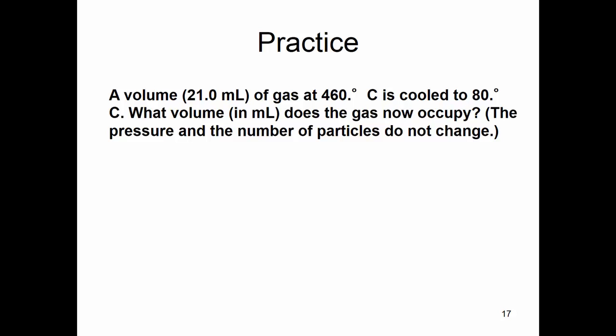So pressure and number of particles do not change, and so what we want to write out here is our equation. So we have V1 over T1 equals V2 over T2. All right, V1 is 21 milliliters.